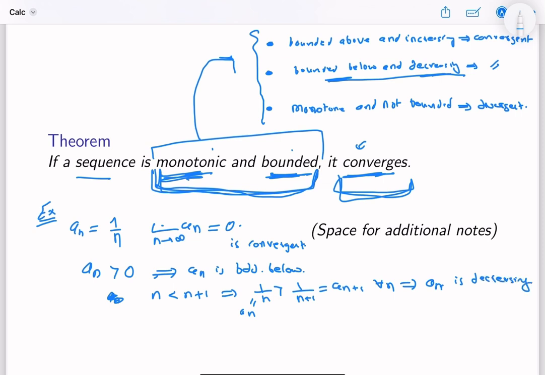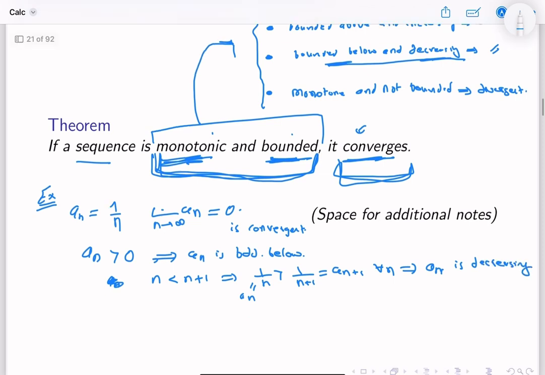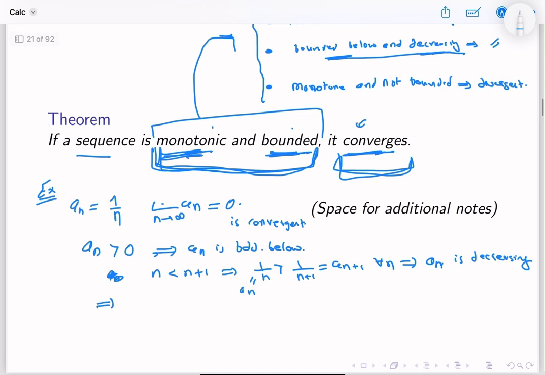Okay, so we get convergence. So a_n is convergent by the monotone sequence theorem. So we got convergence, but let me just tell you intuitively why this is true.